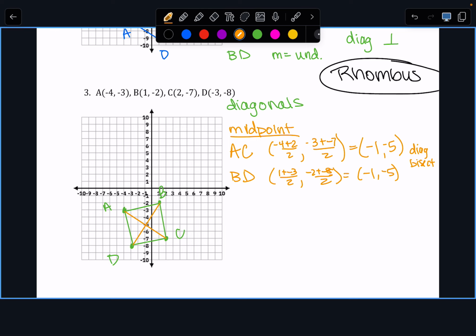All right? Let's just get the distance out of the way. So AC and BD. So the distance between A and C, 52.